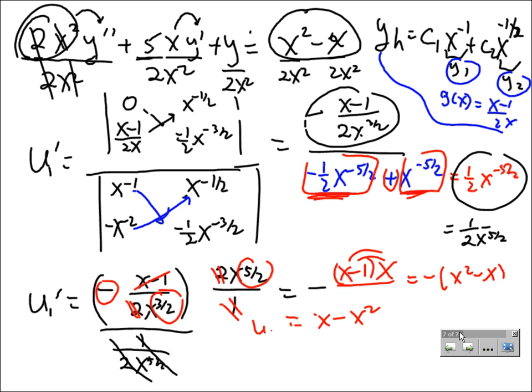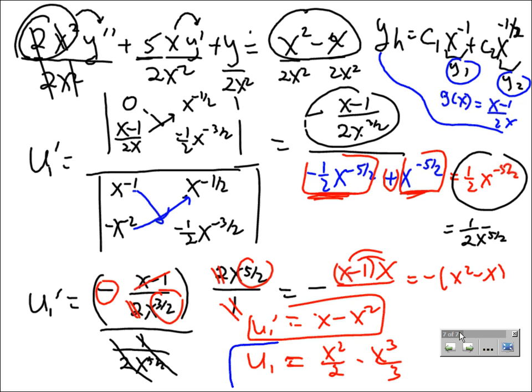That is what U1 prime is. If I integrate, I get U1 is x squared over 2 minus x cubed over 3. So now we have U1.